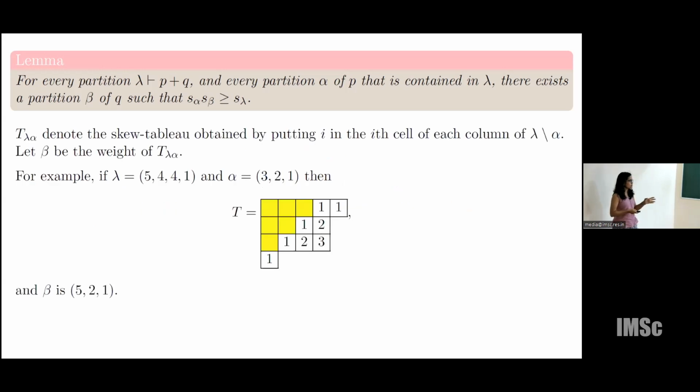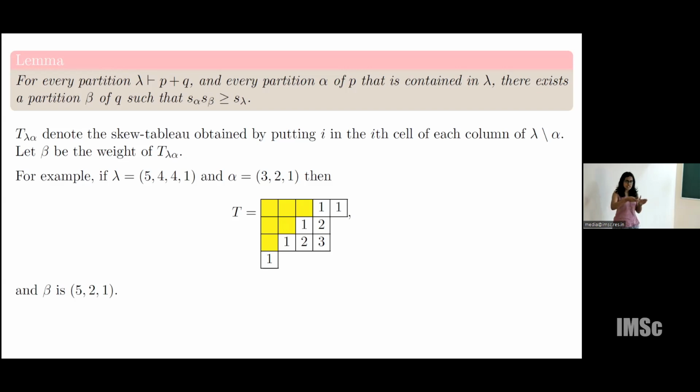So the idea of the proof is that we will be constructing T lambda alpha. We need to show that there exists such a Littlewood-Richardson tableau. The way we construct it is that we denote T lambda alpha to be the skew tableau. How we fill the cells in this skew tableau is that in each column, the first row will be filled with a 1.